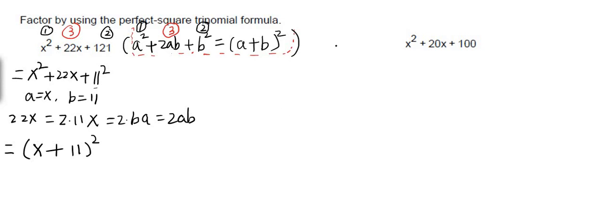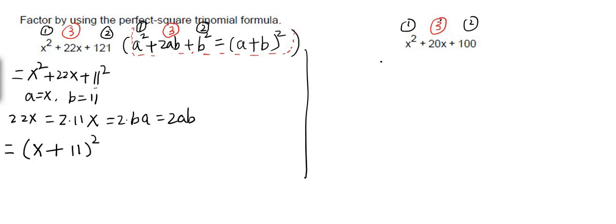That's it. Now we're going to use the same strategy to solve these polynomials. So how do we factor these polynomials? We're going to follow the same strategy. The first step, we identify the a square and b square, or the first term and the second term. Then we test whether the third term can be written down as 2ab.